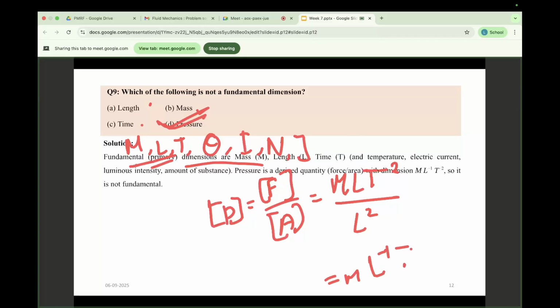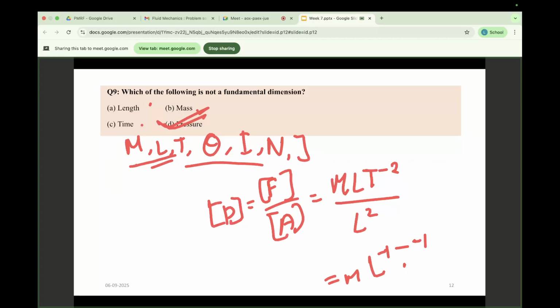So pressure is M L to the power minus 1 T to the power minus 2, sorry, not minus 1. So the correct option is option D. So that is the way to answer this one.